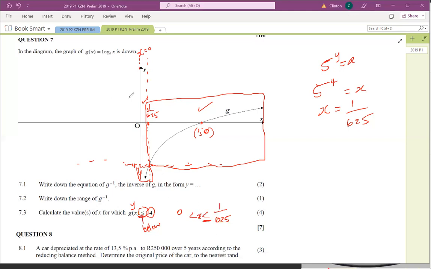Why? Because the line x equals 0 is the asymptote, so we'll never have x equals 0 for this function. You don't put or equals to on the asymptotes. This is an important thing to note: when you have asymptotes and you're working with inequalities, they never take the equal sign. They only take greater than or less than.